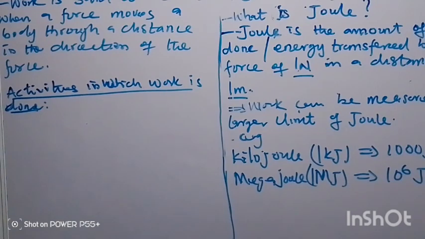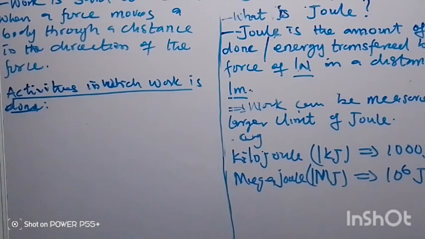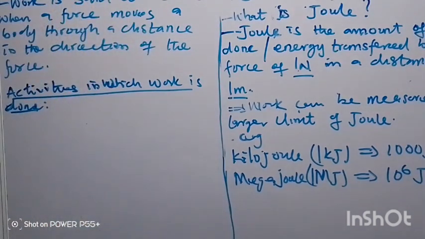So if force is applied and the displacement is not in the direction of the force, then work is not done. That is what we call work done in physics. Force must be applied to a body and move a displacement or distance in a specific direction.